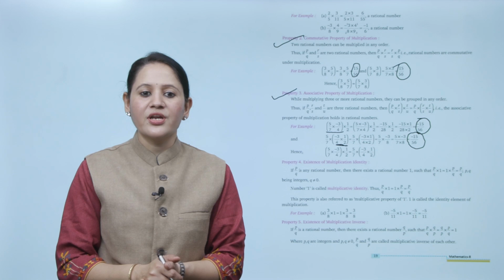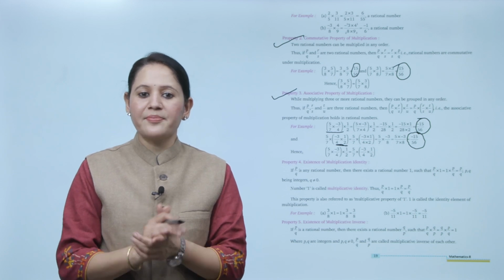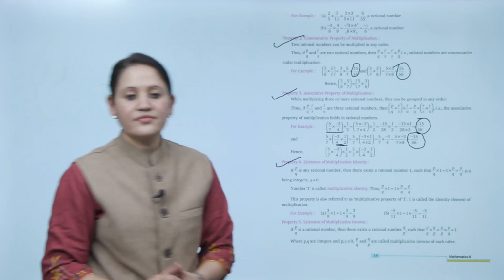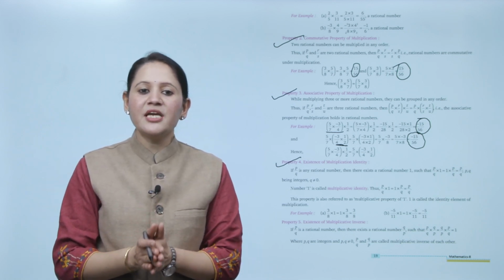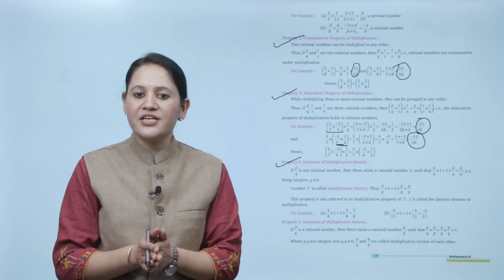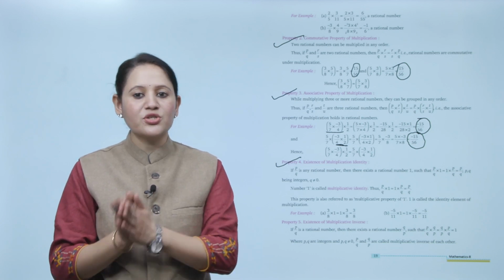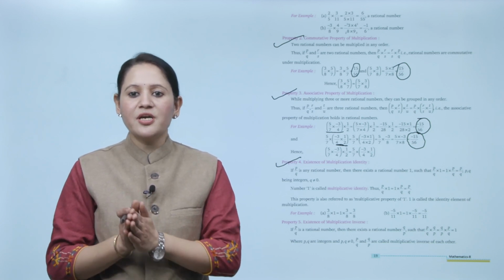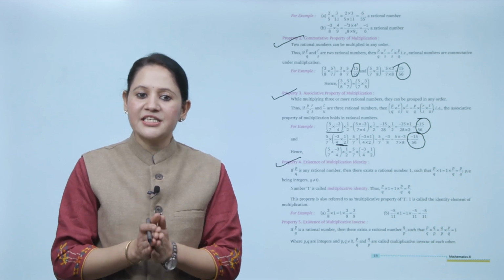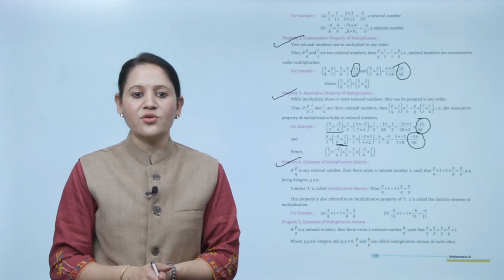Next, property 4, existence of multiplicative identity. If P upon Q is any rational number, then there exists the rational number 1 such that P upon Q into 1 equals to 1 into P upon Q, that is equals to P upon Q, where P and Q being integers and Q that is not equals to 0.